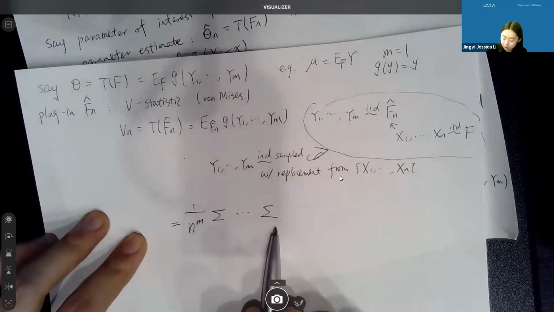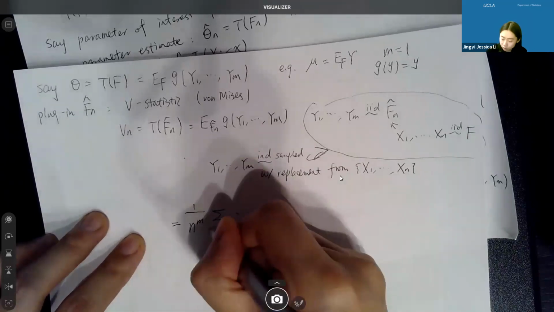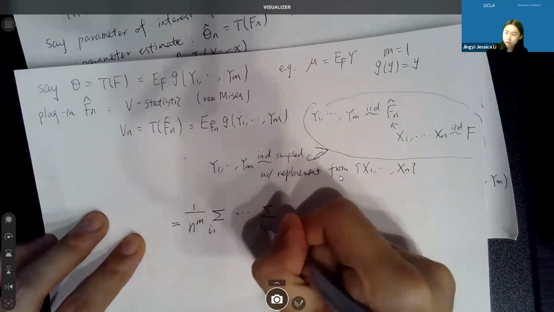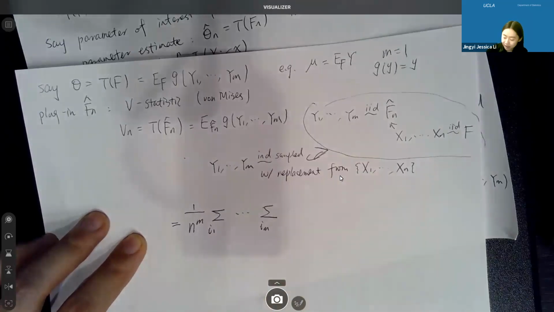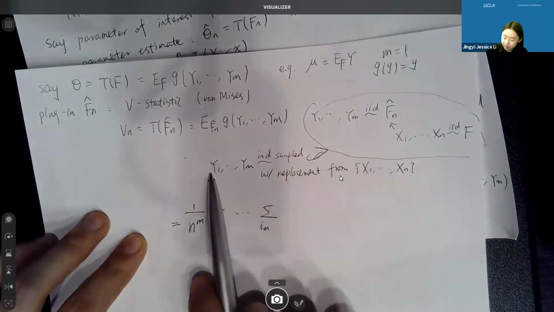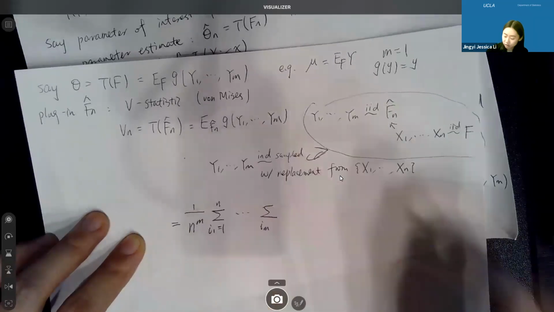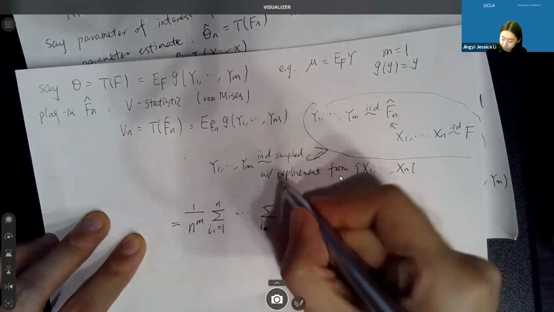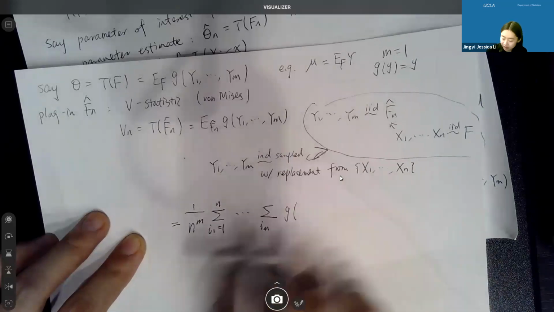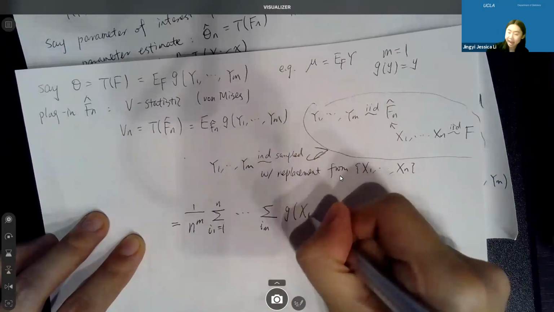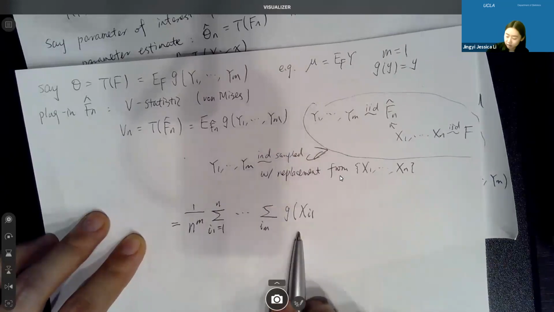And I just denote each one by index i1 to im. So i1 is the pick for y1. It can go from 1 to n. And in that case, I would pick x_i1 as my y1.